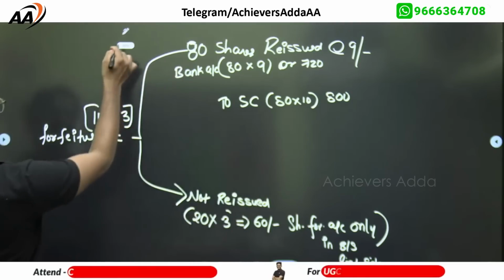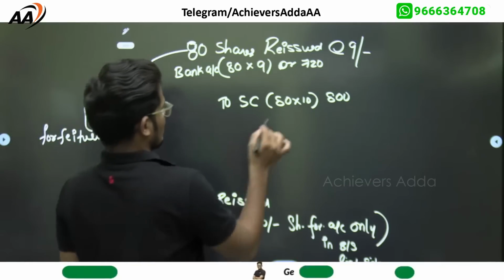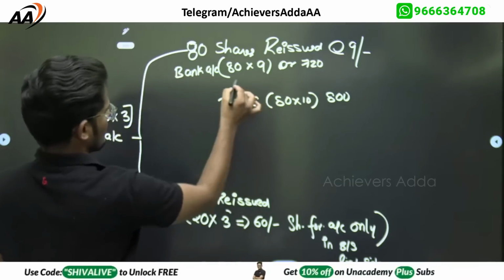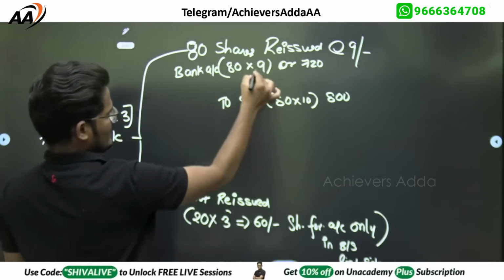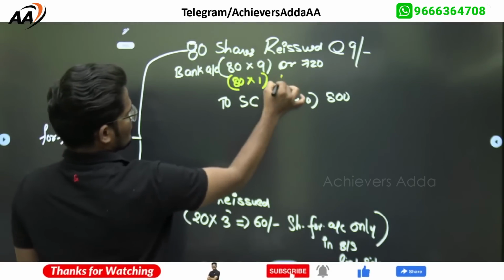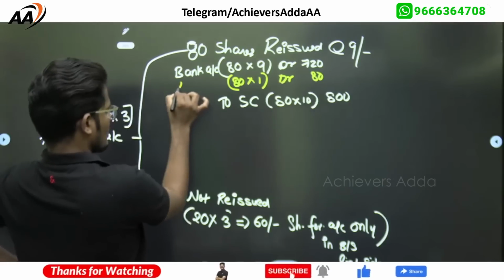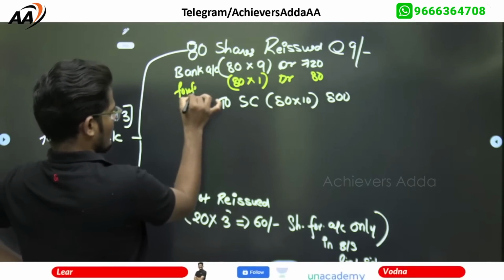Now the remaining 1 rupee is a loss. How will you set off this loss? You will take this loss amount of 1 rupee, which is 10 rupees minus 9 rupees, the discount, that is 80 into 1 rupee, which is 80 rupees. You will take this from the forfeiture account.